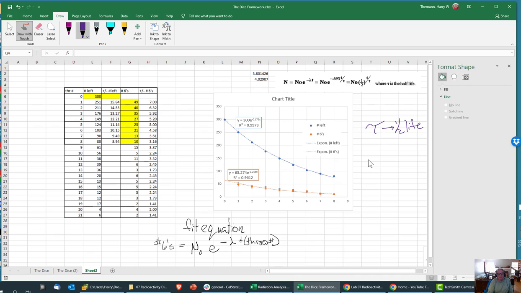But what we do is, if we set n equal to 1/2 n sub 0, then we have 1/2 n sub 0 equals n sub 0 e to the minus lambda t.